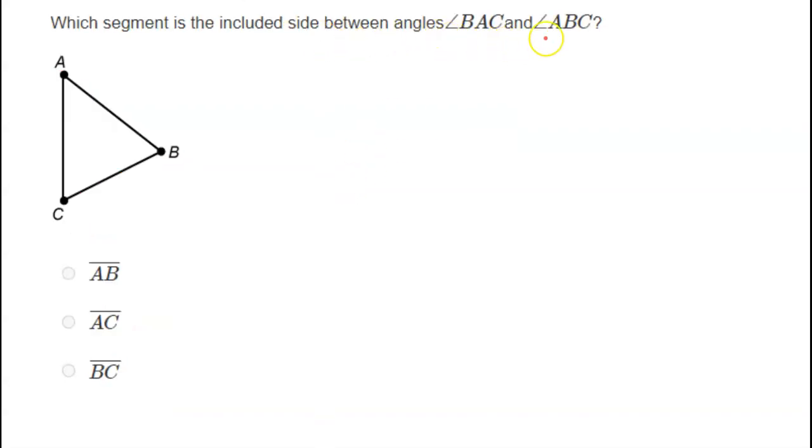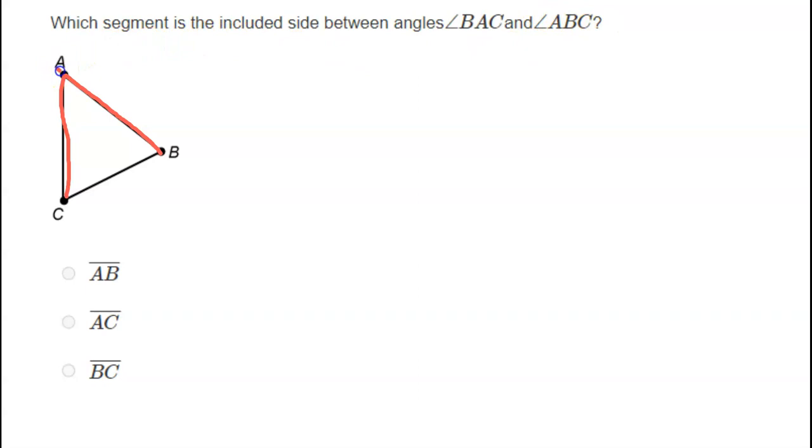Which segment is the included side between angles BAC and ABC? So let's go ahead and trace these angles. We're going to start with B and then kind of play connect the dots. So here's BAC, and then we'll connect the dots with ABC as well.